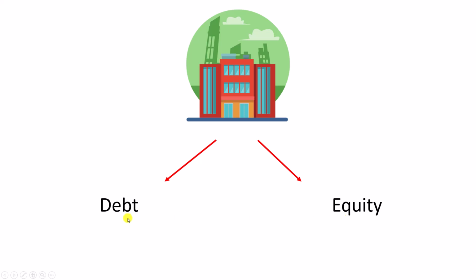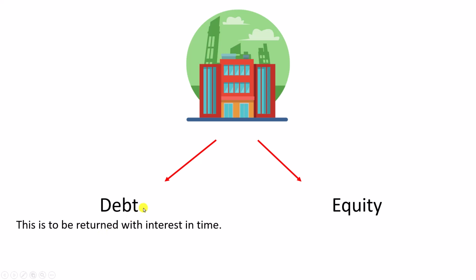Let us say that the company takes a loan from a bank. Then the bank expects the loan to be repaid within a certain duration with interest. Right? The loaned amount is to be returned to the bank.